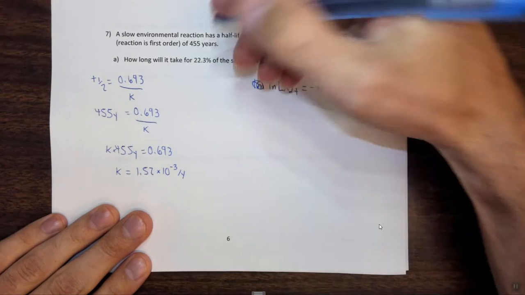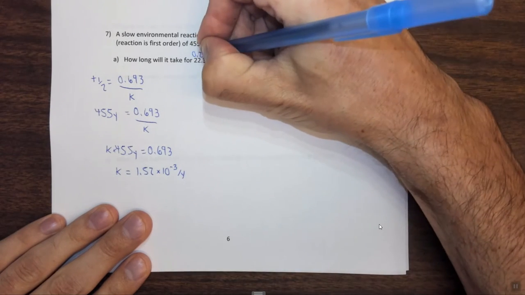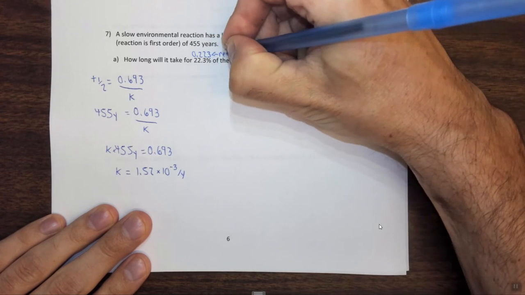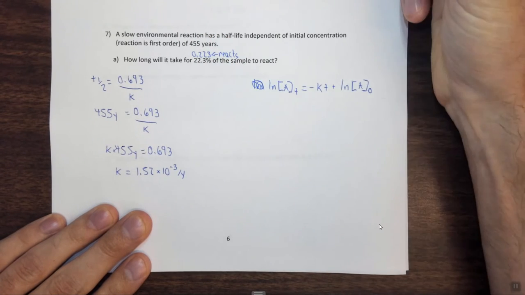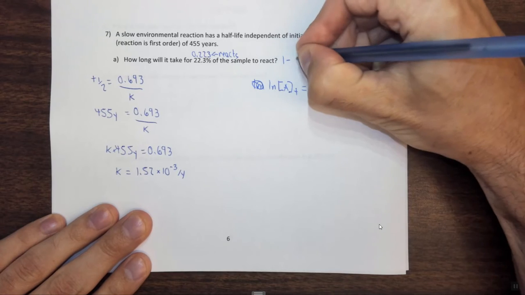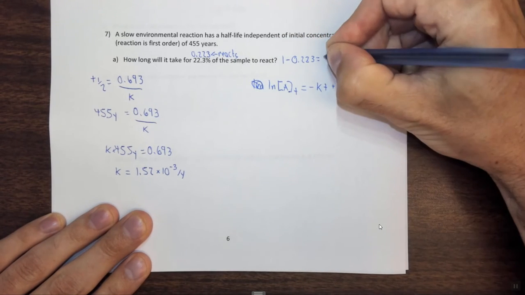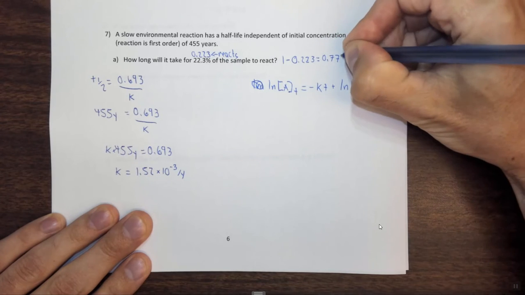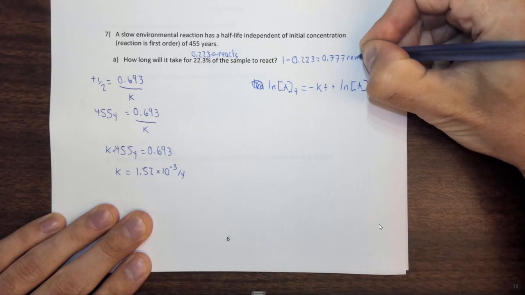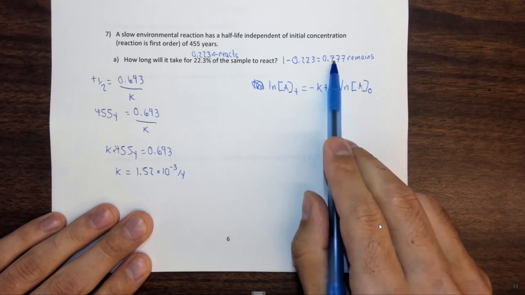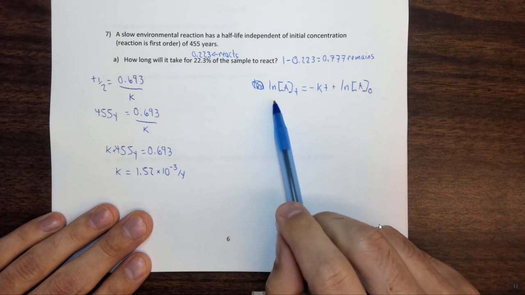Well, if we think about this as a number, this is 0.223, and this is how much reacts. That means that 1 minus 0.223, or 0.777, remains. So we need to figure out how much remains. So 77.7% of the sample remains.